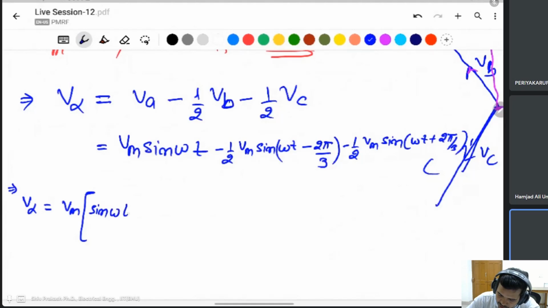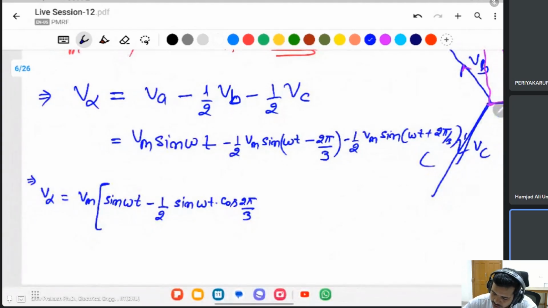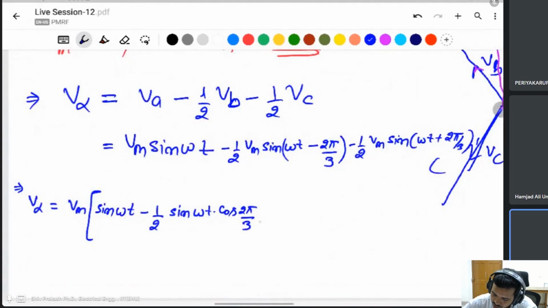This will be sin omega t minus half of sin A minus B, that is sin A cos B minus cos A sin B: sin omega t cos 2 pi by 3 minus cos omega t sin 2 pi by 3.